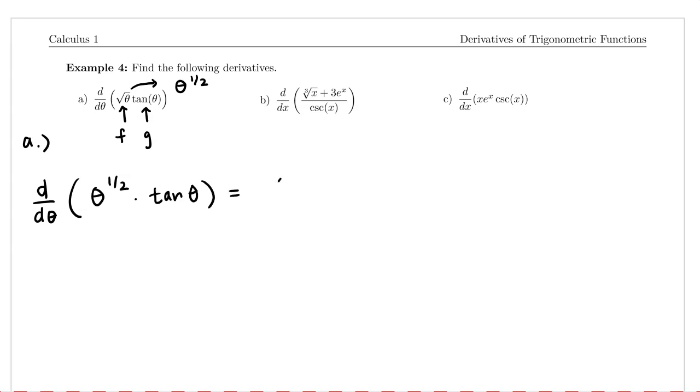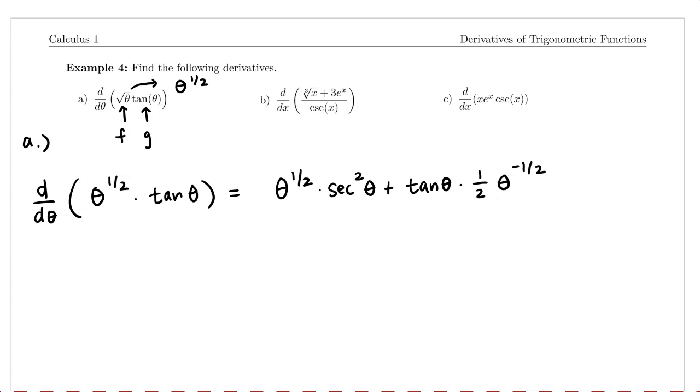Okay, so I have the derivative with respect to theta of theta to the 1/2 power times tangent of theta. So we have the first function times the derivative of the second function, which we just found to be secant squared, plus the second function times the derivative of the first. I'm going to need to use the power rule on that. And then that's about it.